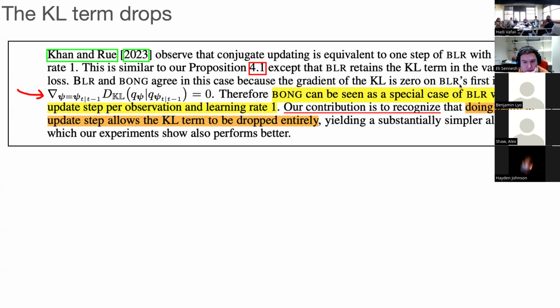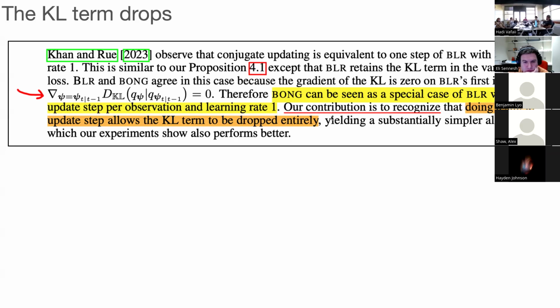I'm not sure this required a second sentence to say. It's just a mathematical mandate that the KL drops if you do one iteration. So I guess their contribution really is saying, let's just do one iteration. It's good enough, both theoretically and empirically. And it's also convenient because the KL drops, so you don't have to compute the KL.